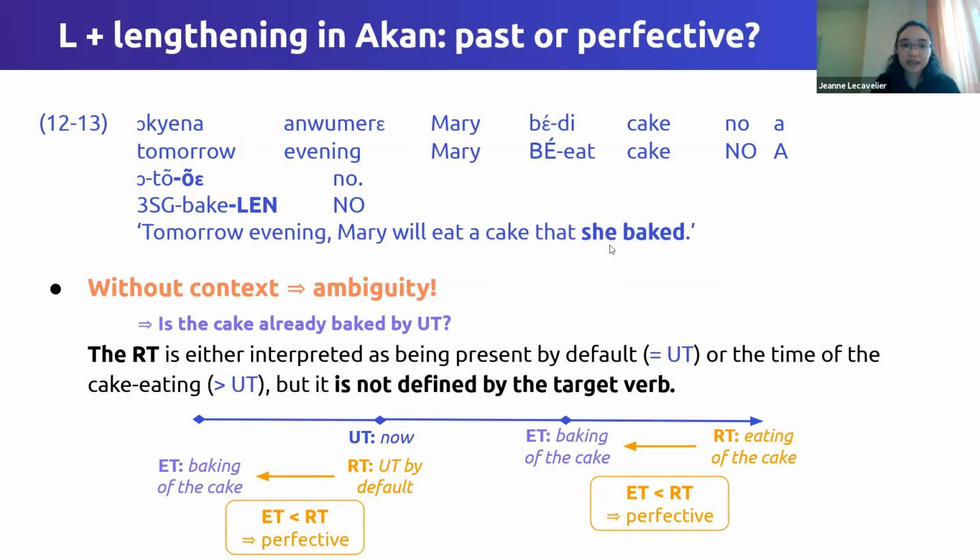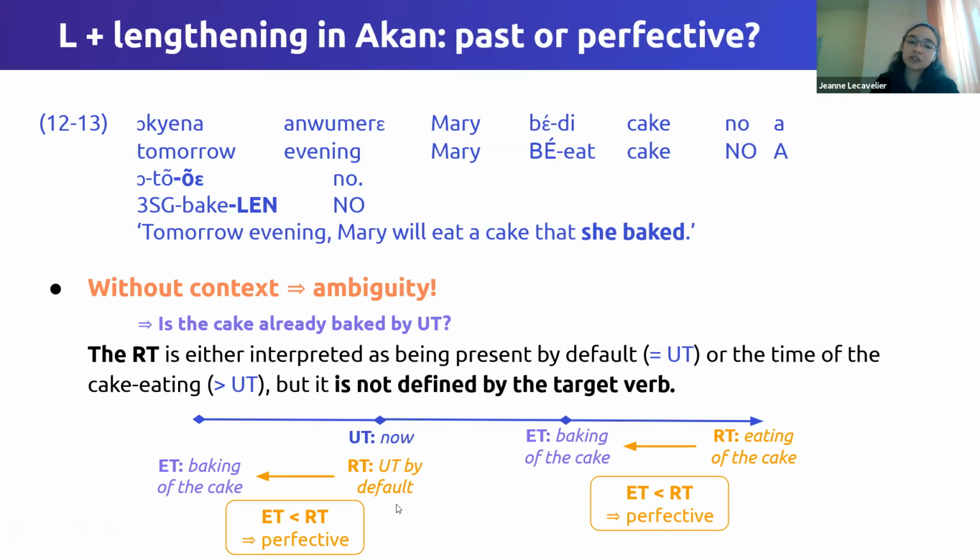And they cannot tell you if the cake has already been baked by the return time, which is logical, because since we get an aspectual marker, not a tense marker, we do not know anything regarding the relationship between the return time and the reference time. We only know that the event time is before the reference time. And so there are two possible interpretations there.